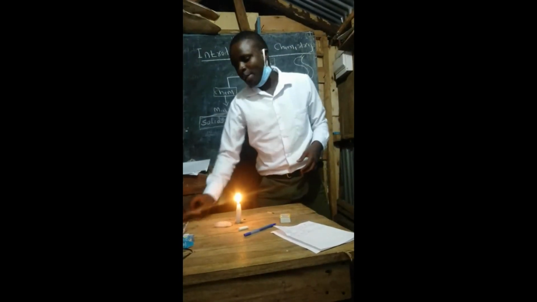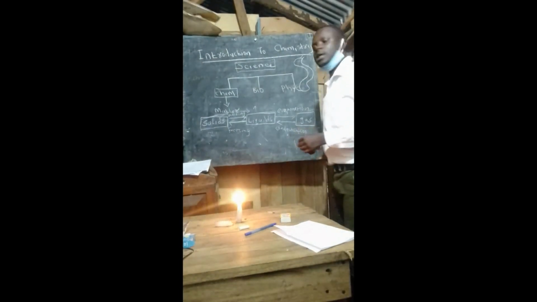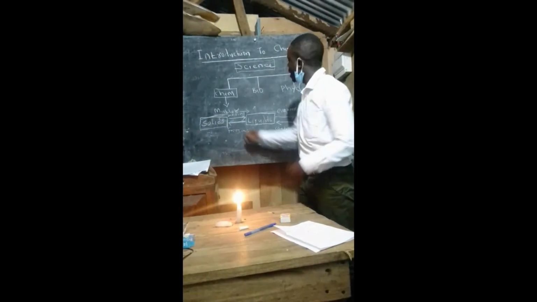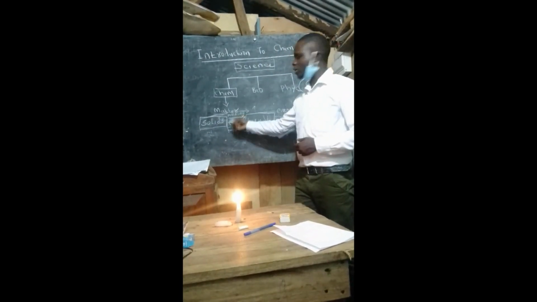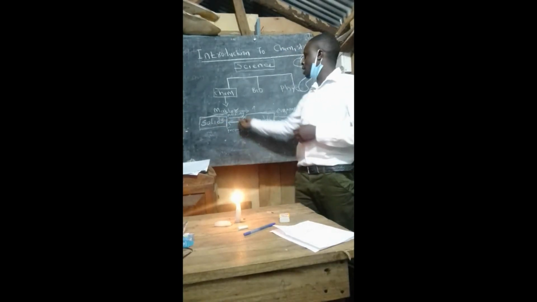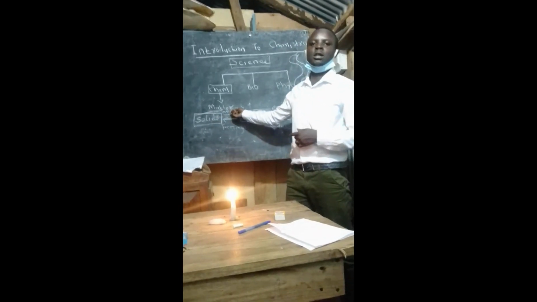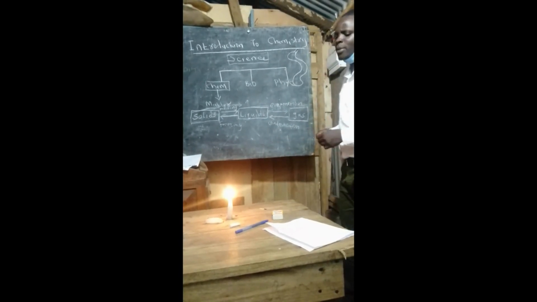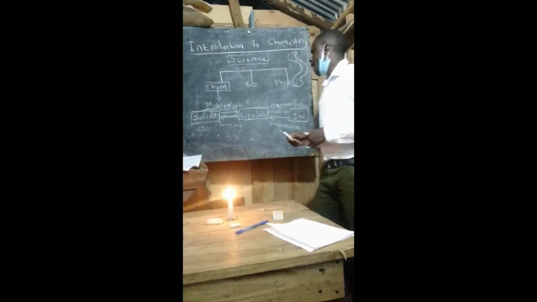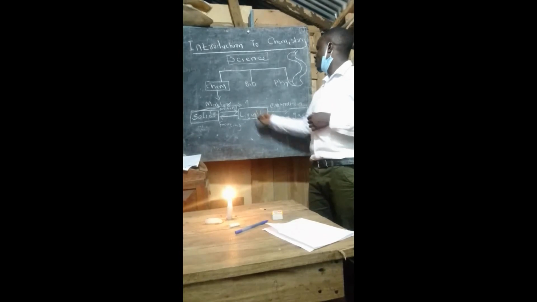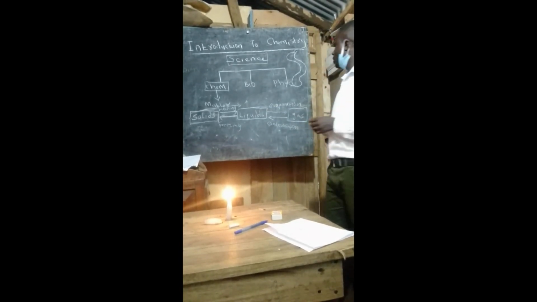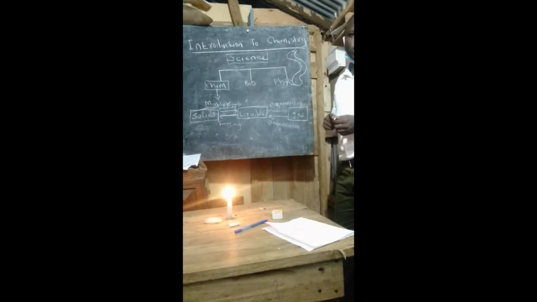So what happens is that when you heat the candle wax, it will turn from a solid into a liquid, and the process of turning from solid to liquid is known as melting. If we were to heat the liquid candle wax further, then it will turn from liquid into gas, and this process is known as evaporation.